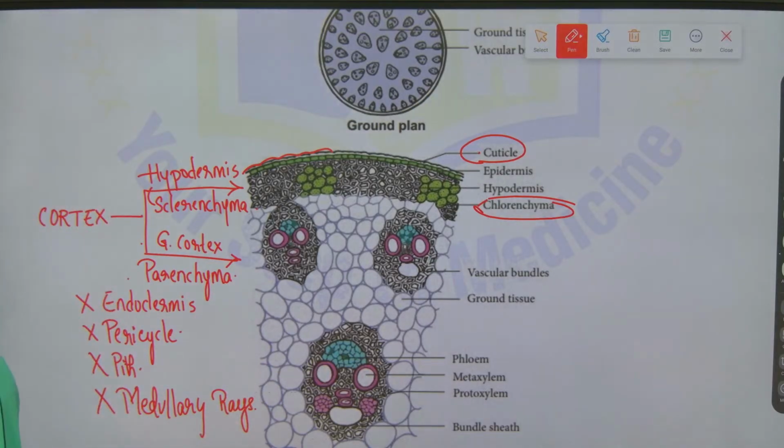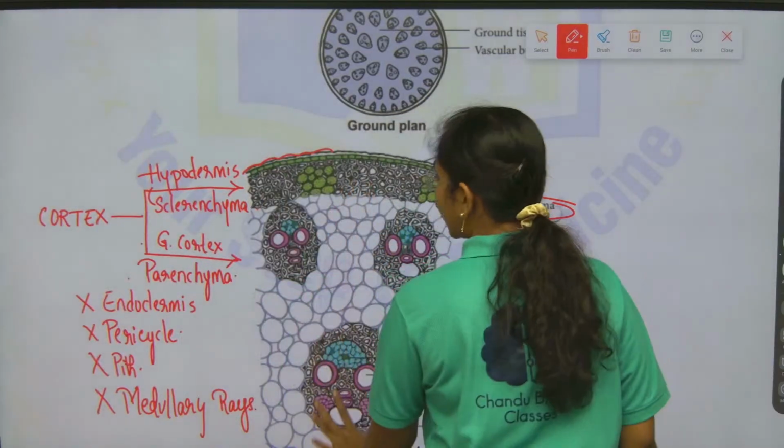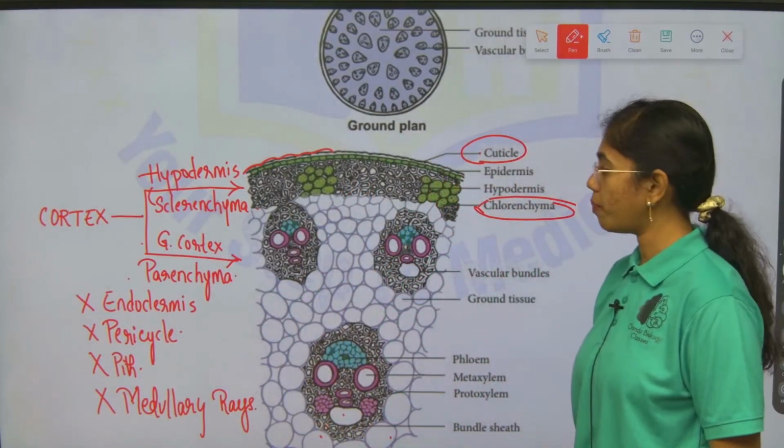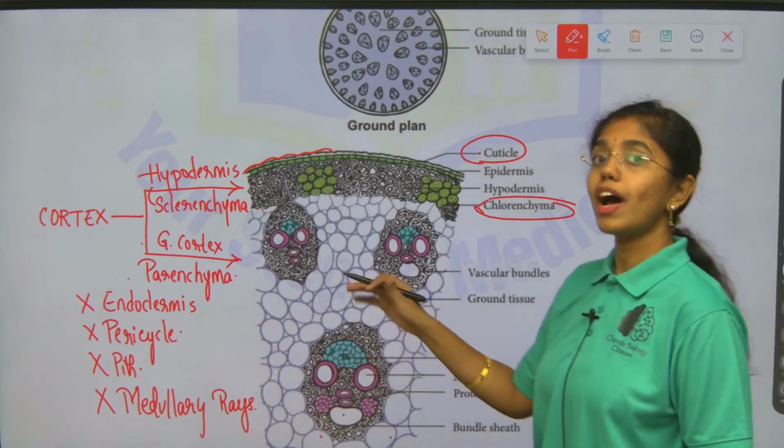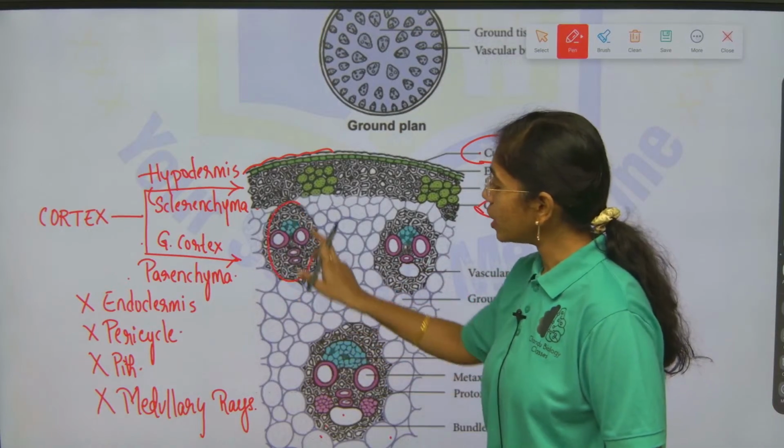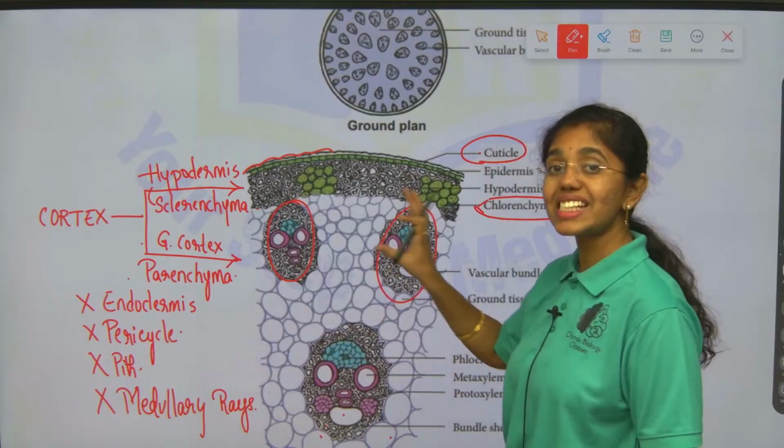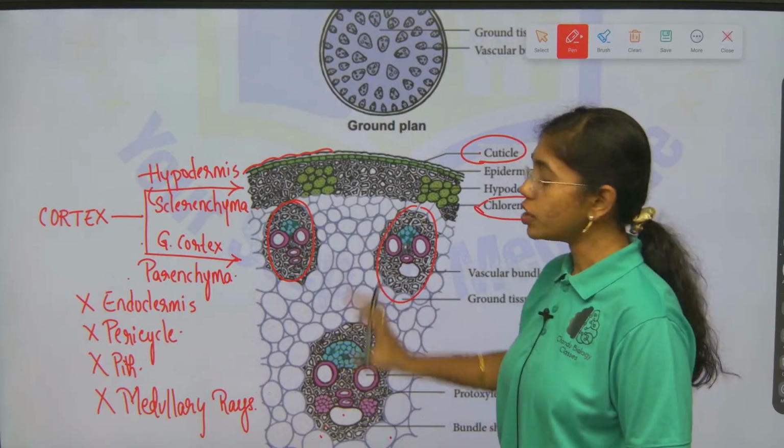So, here it is only general cortex which is made up of parenchyma, and you have vascular bundles which are arranged as patches, scattered in the general cortex.